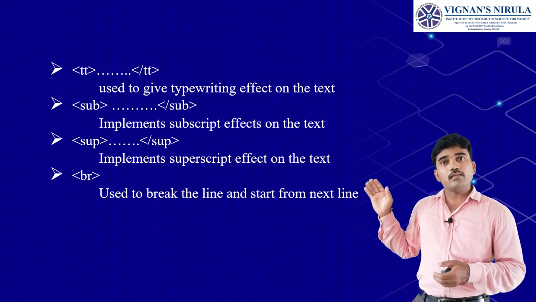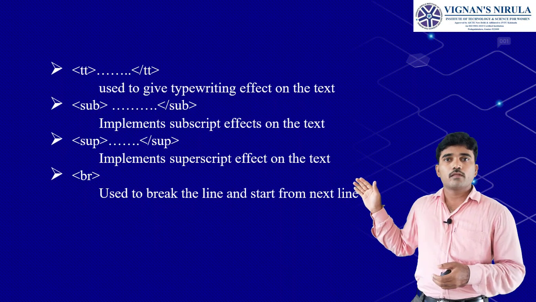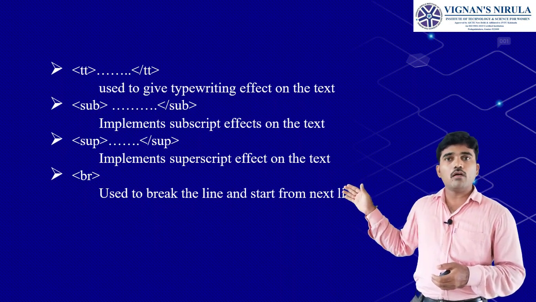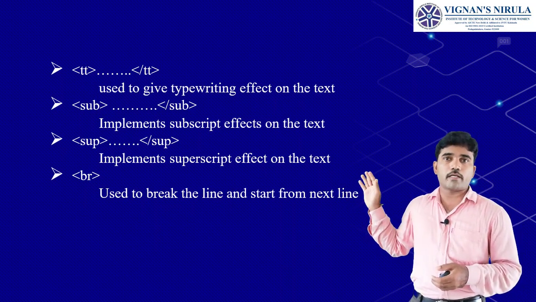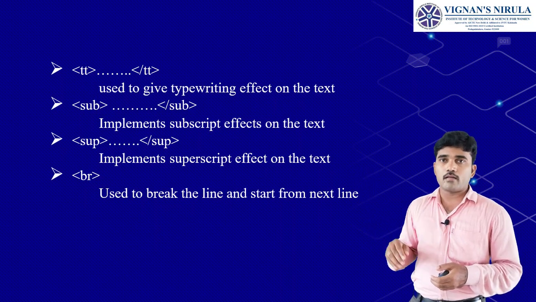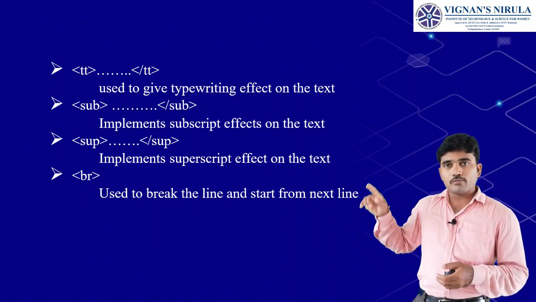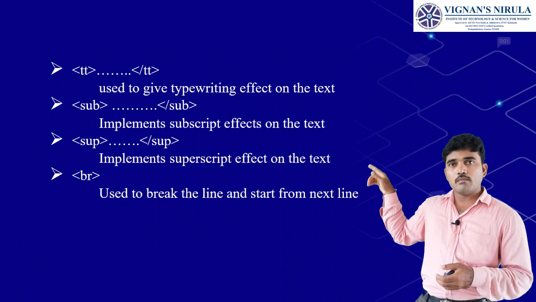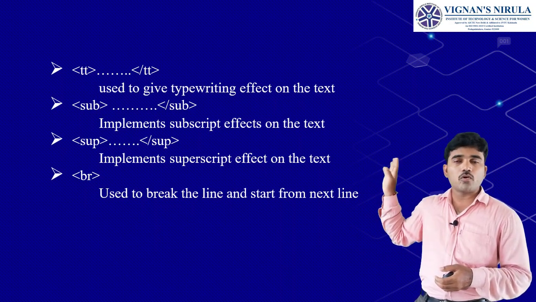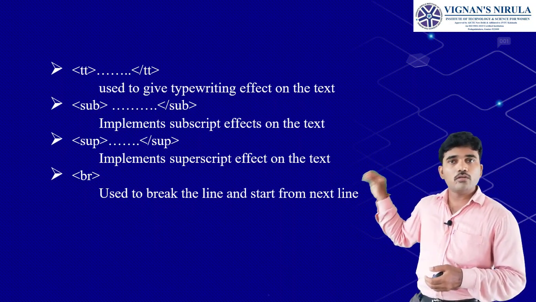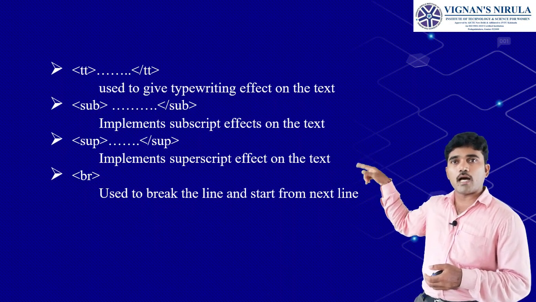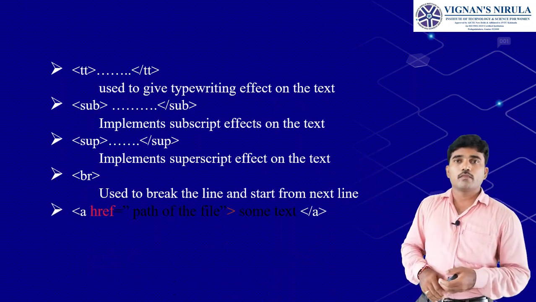And like the HR, this BR has no need of a closing tag. It is a self closing tag. Sometimes if you want, after writing the BR, you can use the / symbol.